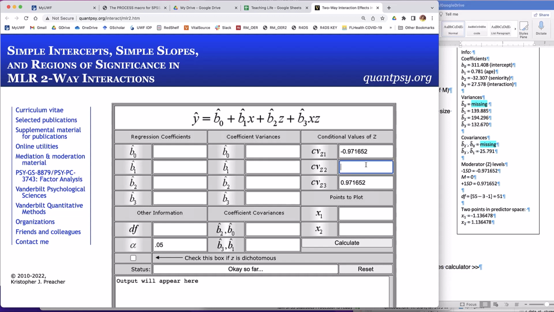And then the mean is just going to be 0 because the predictors are mean centered. And then, so we have a lot of information. The degrees of freedom, they tell you the degrees of freedom in the output, but it's going to be your sample size minus how many predictors you have minus 1. So for us, the degrees of freedom is going to be 51. That goes here.